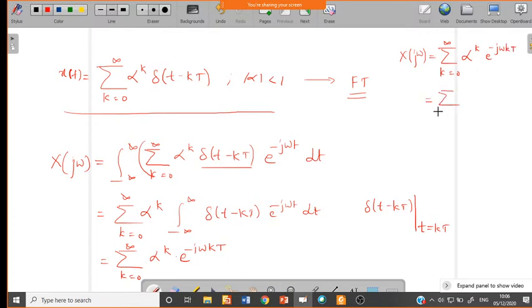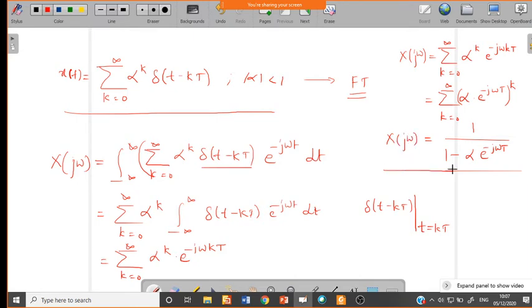We can express this as summation k equal to 0 to infinity of alpha into e power minus j omega T, the whole power k. Using the geometric series, this is 1 over 1 minus alpha into e power minus j omega T. So this is your X of j omega.